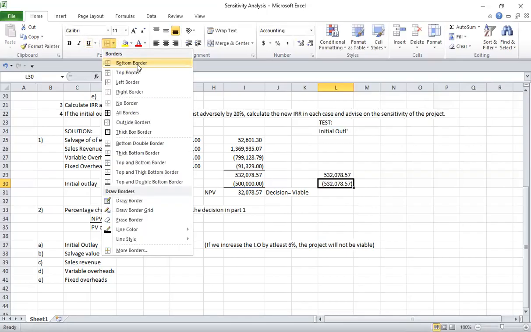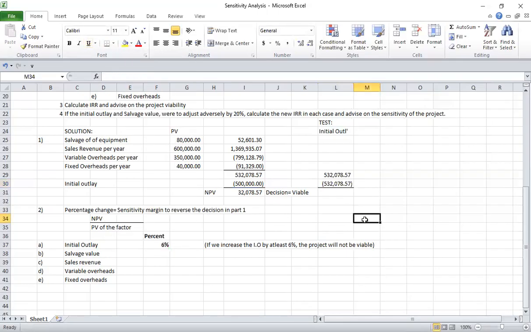And if that increases to that, let's now check on the new NPV. If you check on the new NPV, you realize that we end up with how much? We end up with a 0. Where NPV is 0, you can say that the project is not what? Is not viable.